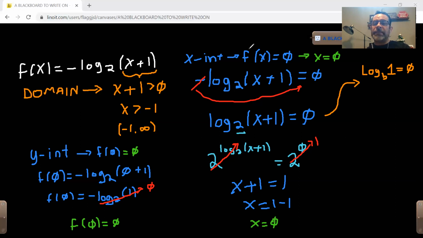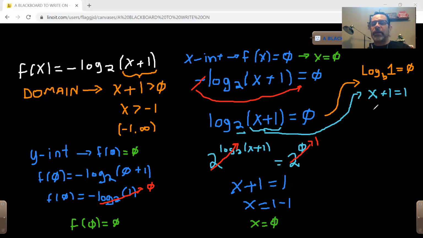So this means that if this is true, this part here, x plus 1, has to be equal to 1.